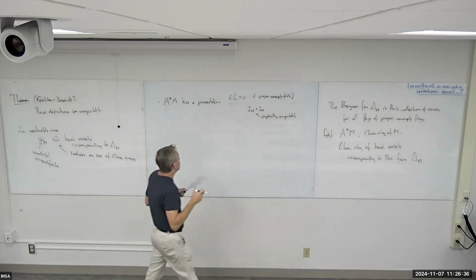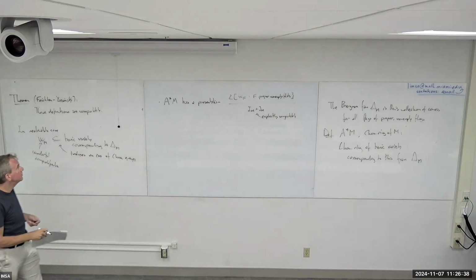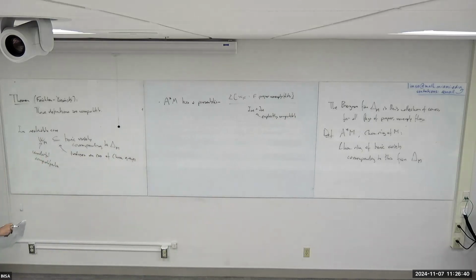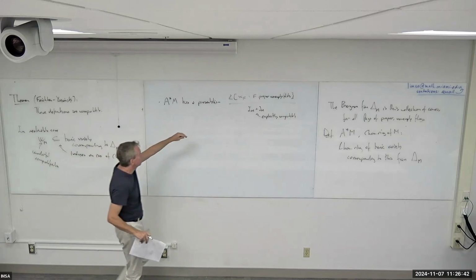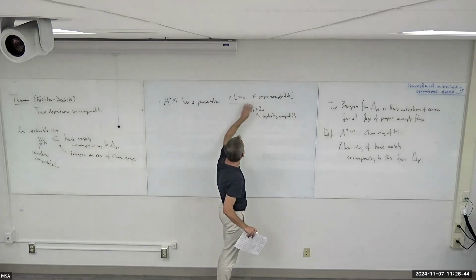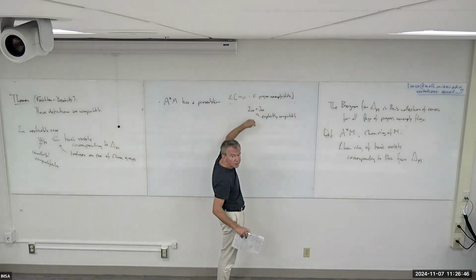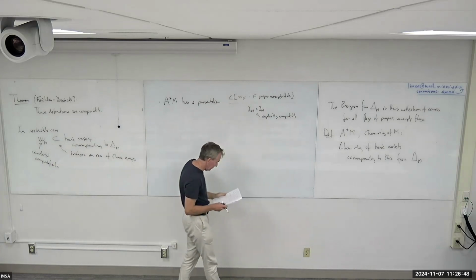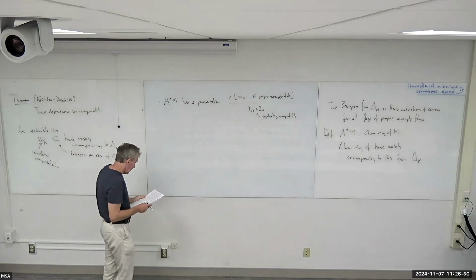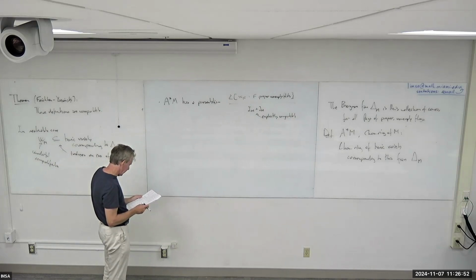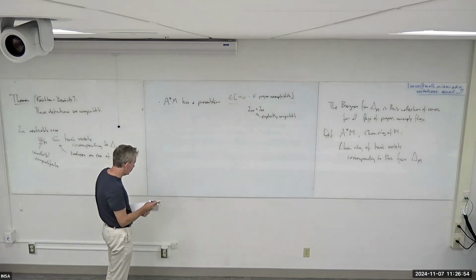So if you like matroids and you want to work in the Chow ring of a matroid, this is what you do. You collect all the proper non-empty flats, make a polynomial ring, and then you have this ideal that gets going.